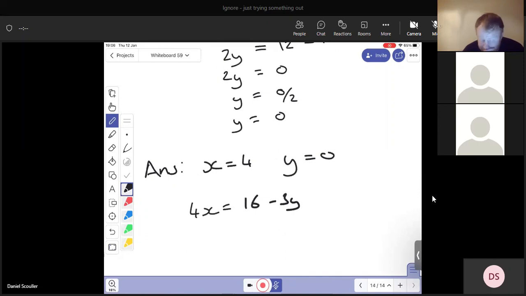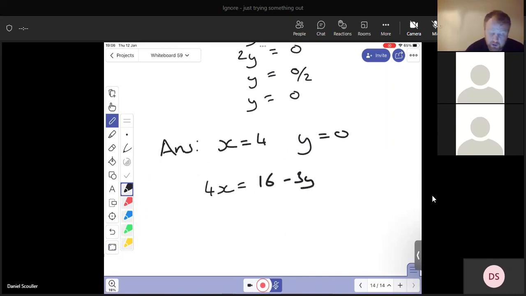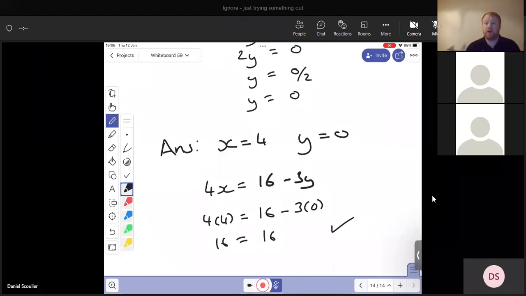If I was to substitute those terms in, we get 4 times 4 equals 16 minus 3 times 0. 3 times 0 is going to be 0, so 16 will just equal 16. So my check's done. If I substituted both those numbers into that original equation, what that tells me is it's correct. The left-hand side equals the right-hand side.